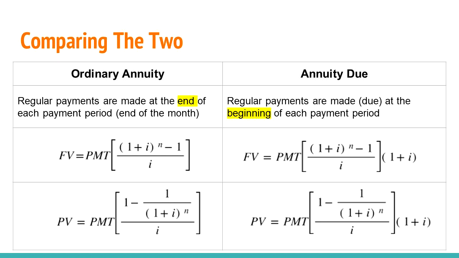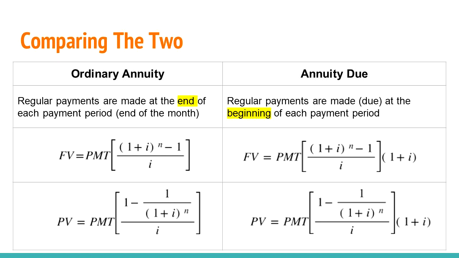You'll notice that the payment and the calculation in the square brackets is identical between future value and present value for both types of annuities. The only difference is the value on the end for the annuities due calculations. We've got 1 plus I on the end, which in essence gives us that one additional month of interest applied.